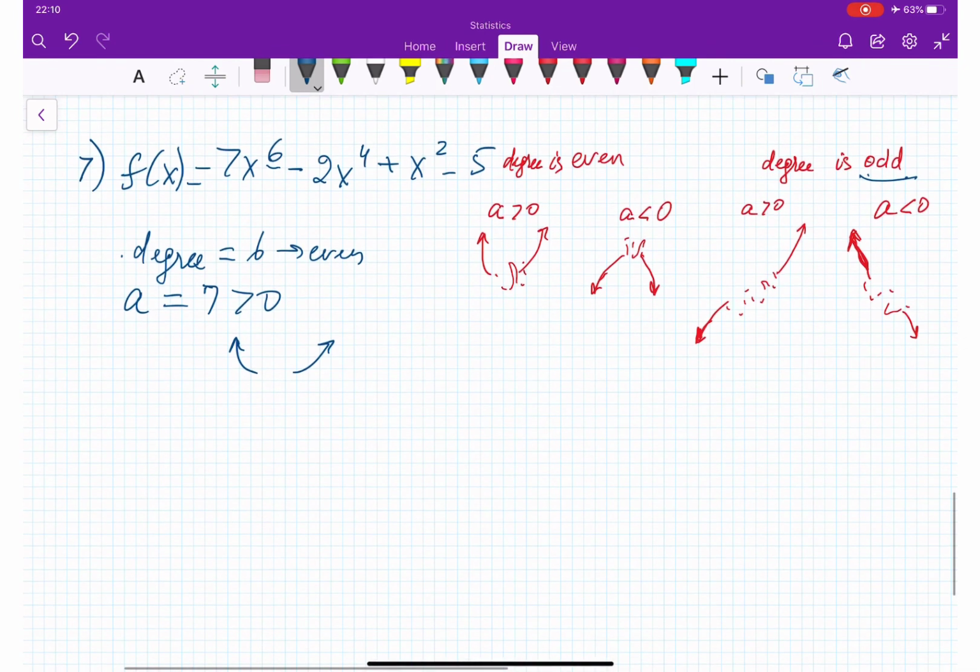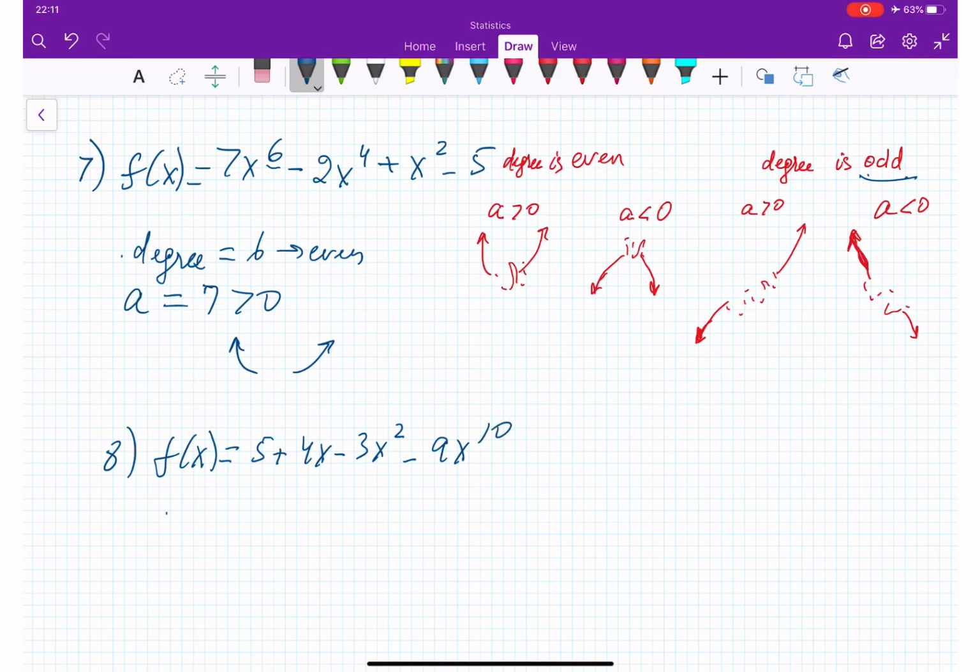So, which means end behavior, it's going to look like this. Number 8, another end behavior, we need to describe. f of x is equal to 5 plus 4x minus 3x squared minus 9x to the 10. Okay, highest degree is 10 and coefficient is negative 9.